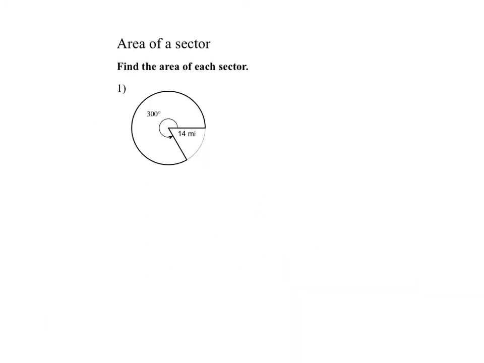So in this case, I want to find this whole area right here. So again, my formula is going to be the angle divided by 360 times the area, so times 14 squared pi.